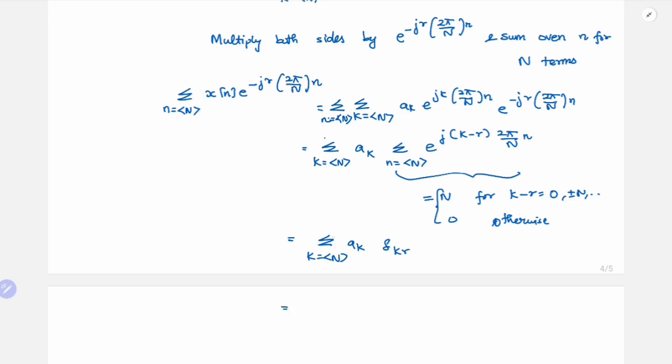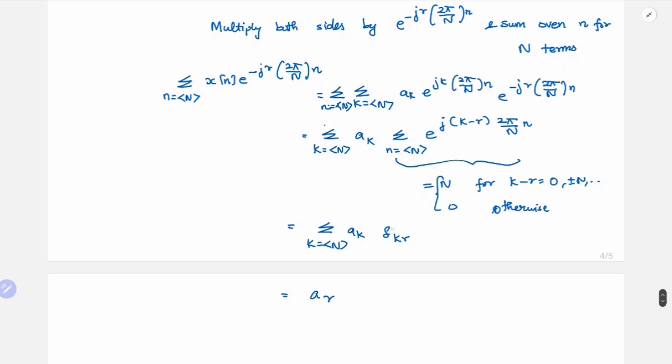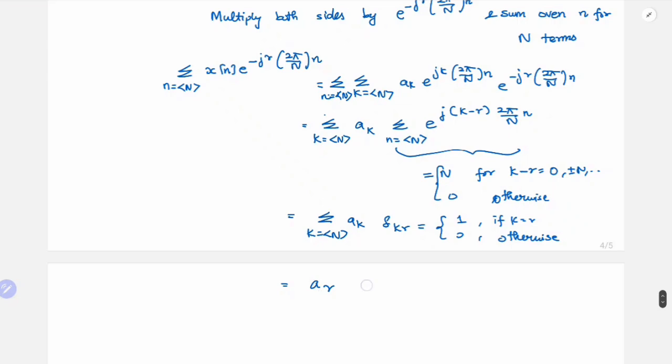So the only term that will come out of this summation, because now I am going to vary k, is that a_r, because all other terms this is going to make 0. So this is equal to 1 if k equal to r, 0 otherwise. Okay, so only my a_r term will survive.